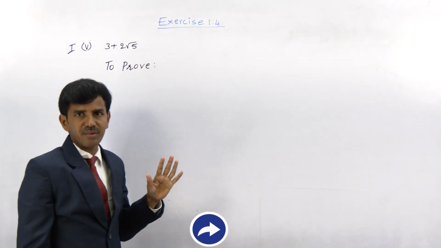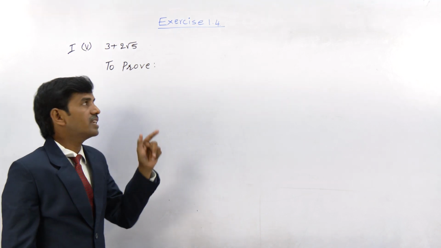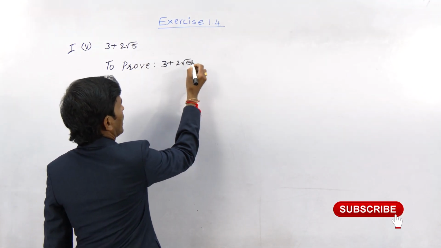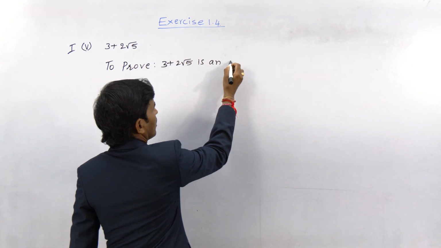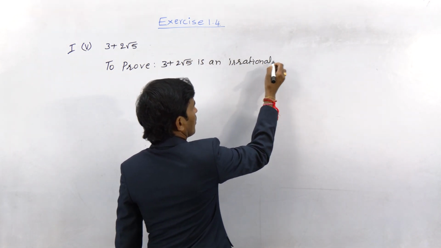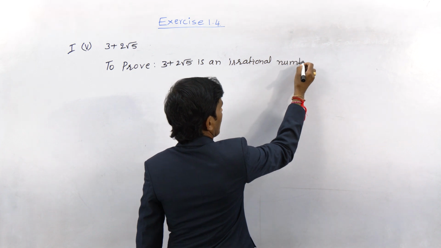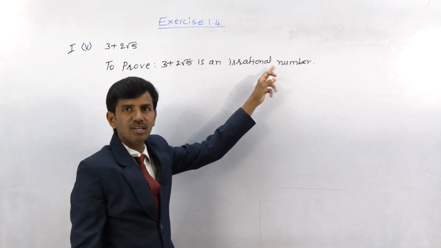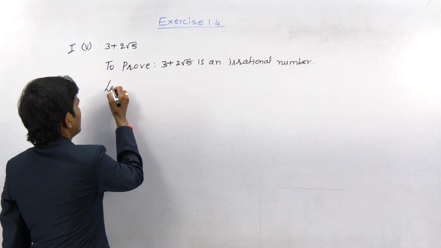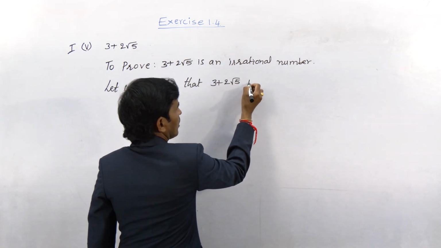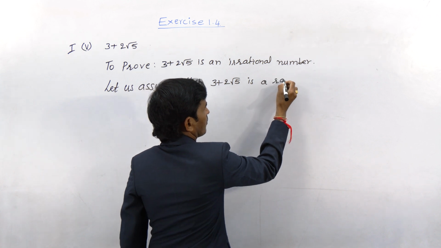3 plus 2 root 5. We need to prove that it is an irrational number. So to prove 3 plus 2 root 5 is an irrational number, let us assume that 3 plus 2 root 5 is rational.